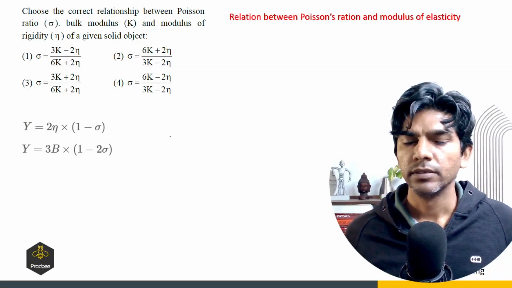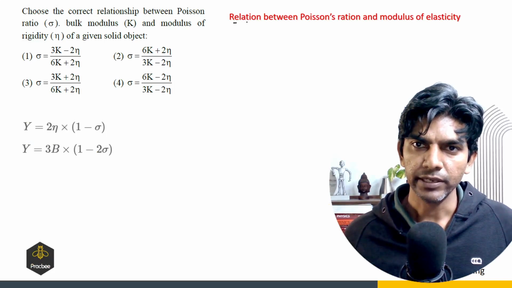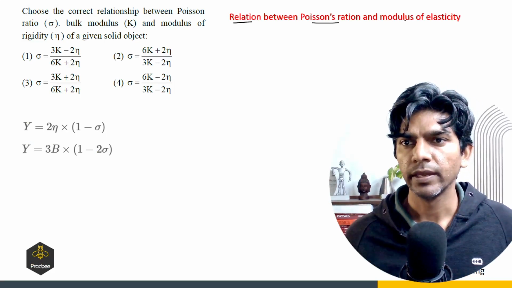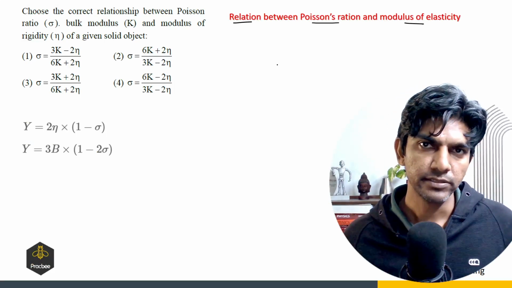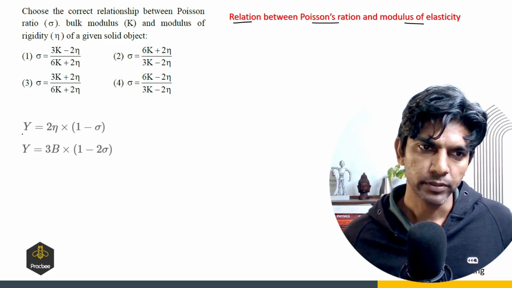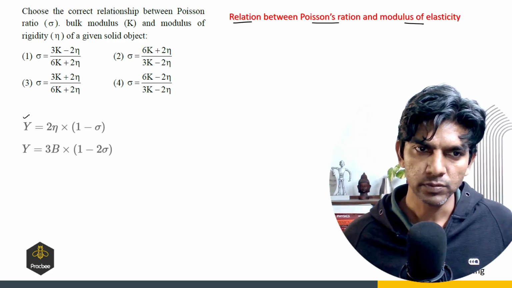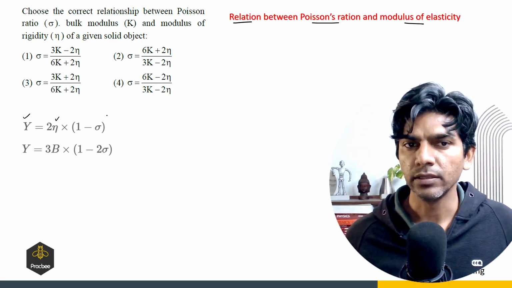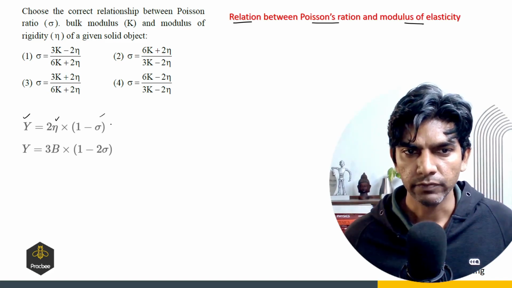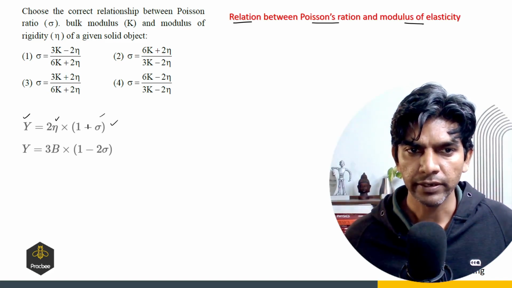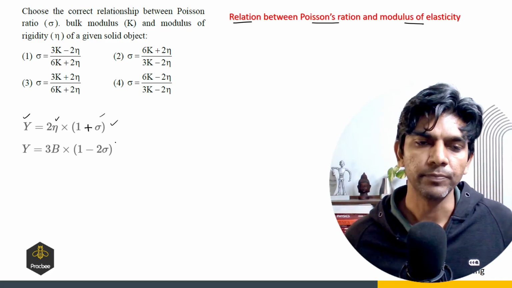So the next problem type is based on the relation between Poisson's ratio and the modulus of elasticities. So here what you have to remember is that the relation between Young's modulus, modulus of rigidity and the Poisson's ratio is given by this relation. So here it is not negative, it is plus, right? So 1 plus sigma.